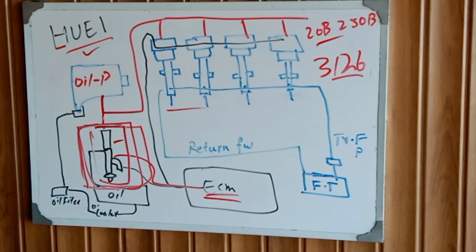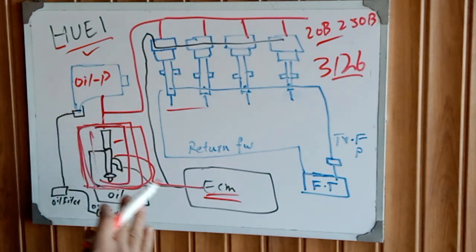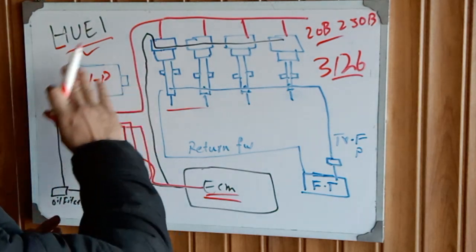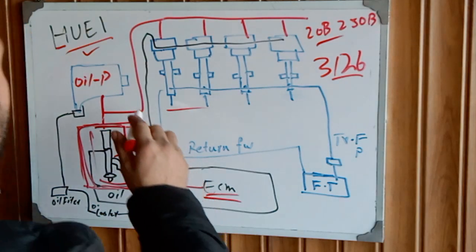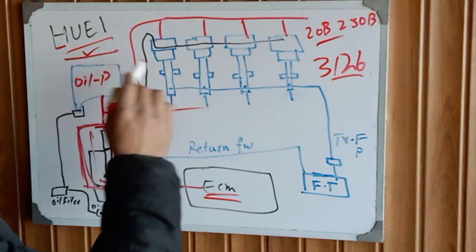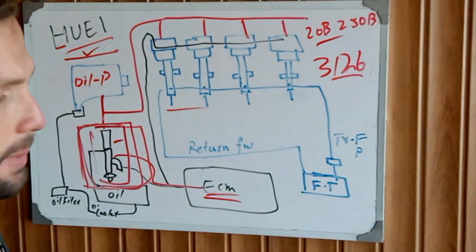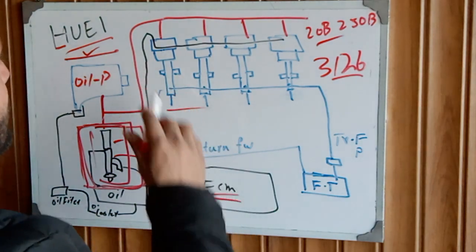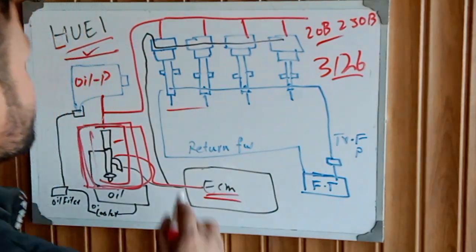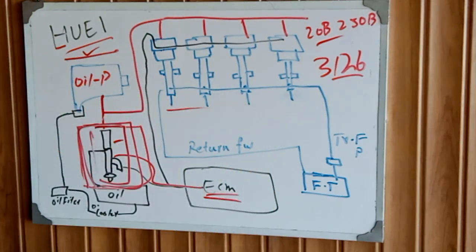The pressure regulator is very important for this system because the HEUI system is half operated by oil pressure. If we do not have oil pressure in the injection system, that means our injector system is not working, because this injector is operated by hydraulic pressure.